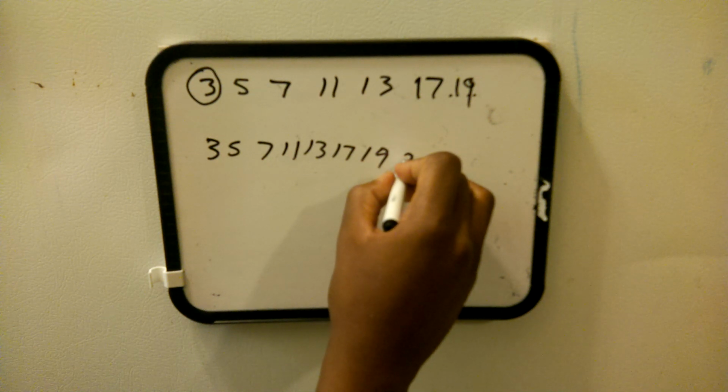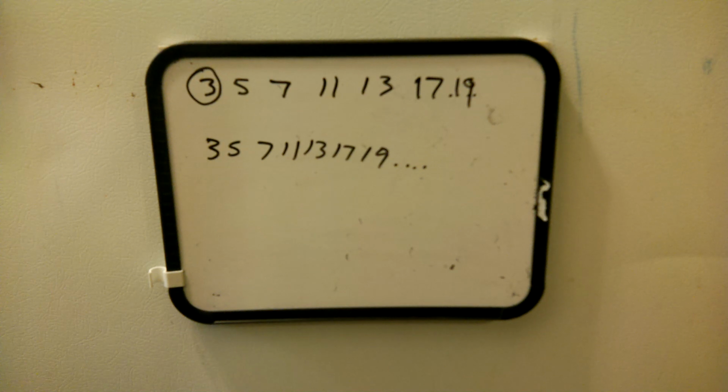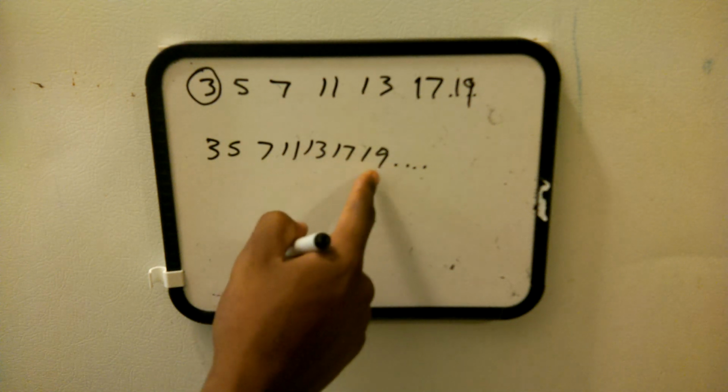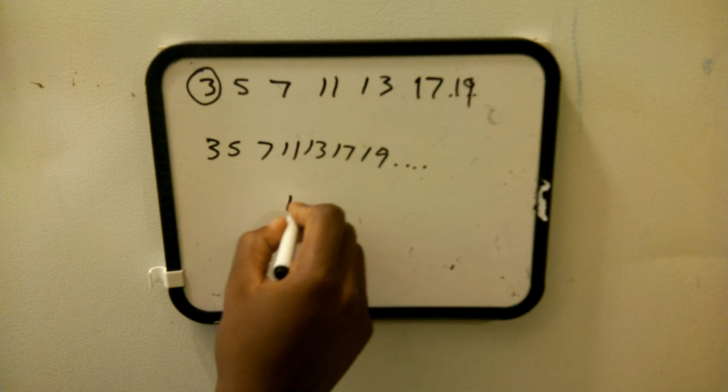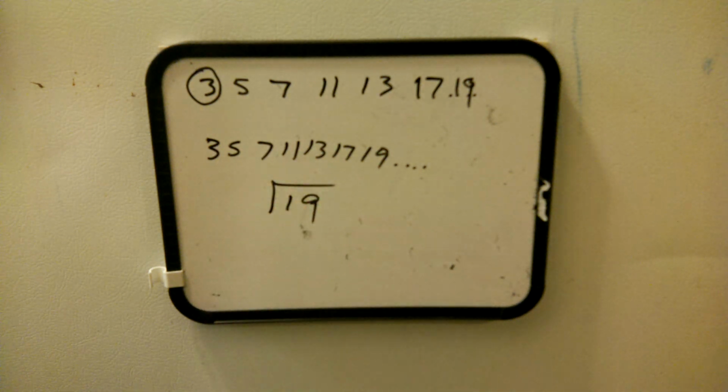Yeah, let's do the next one after 19. The next one after 19, do the square root of this. The square root of 19 is what? I'll show you.